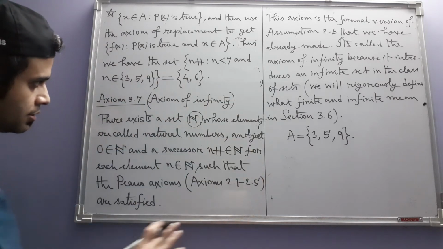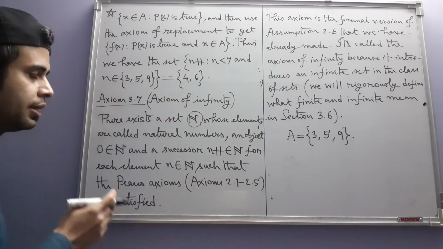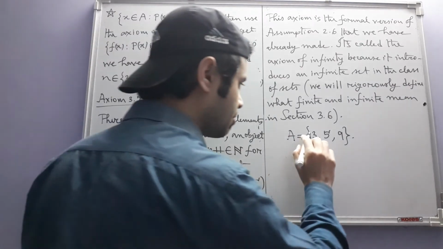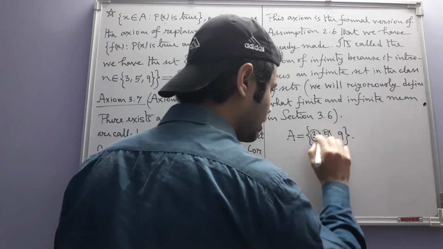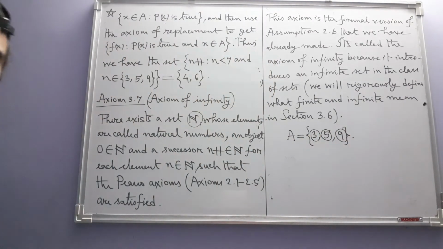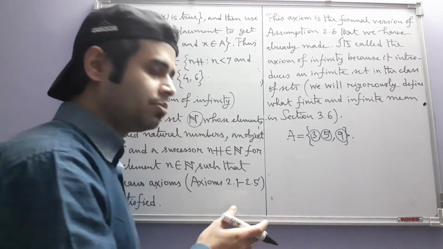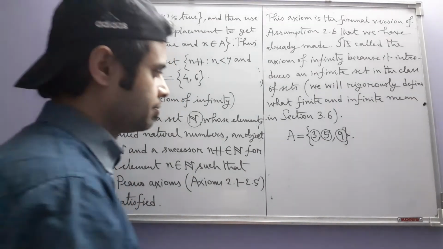You look at this axiom 3.7, it tells us that these objects 3, 5, 9, etc. are objects in our set theory. I should not say in the class of sets, but in our set theory. They can be elements of sets.